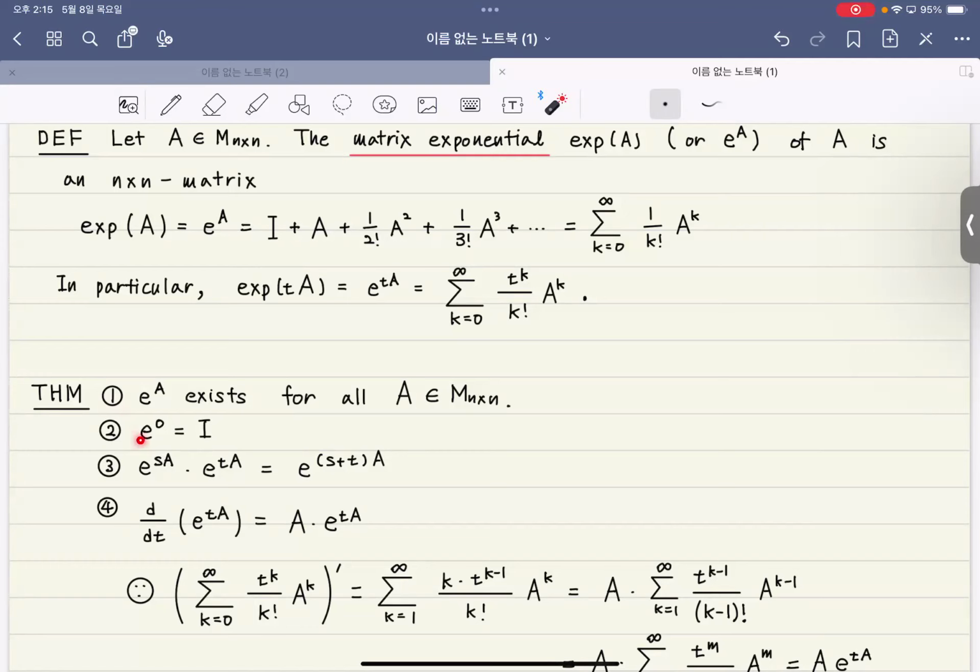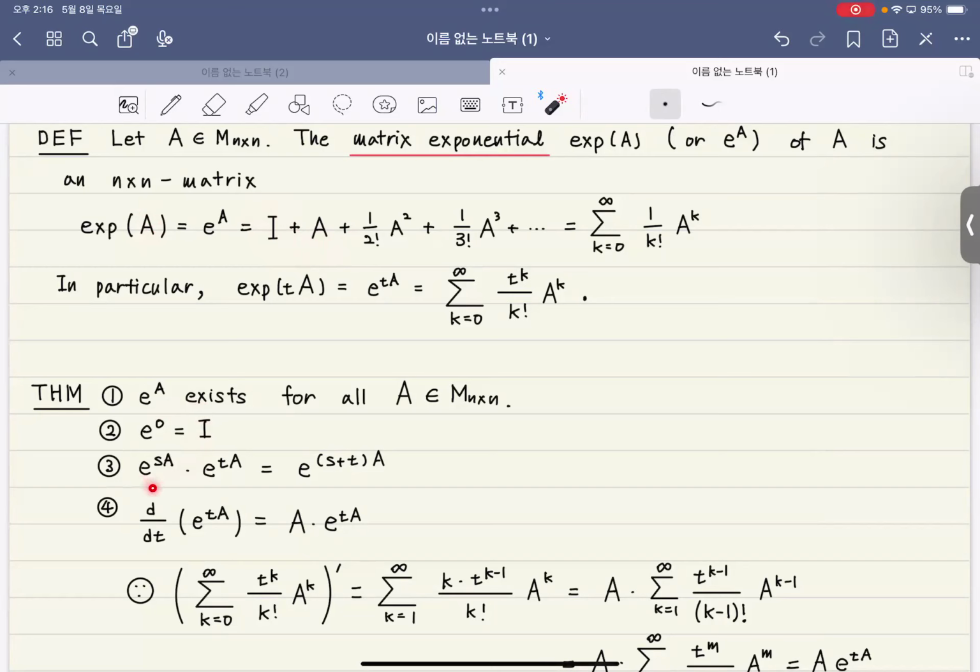Statement number 2 is that the matrix exponential of the zero matrix is the identity. This is also very obvious, because if A is the zero matrix, then all the other terms except for the first must be the zero matrix. So everything must be the identity.